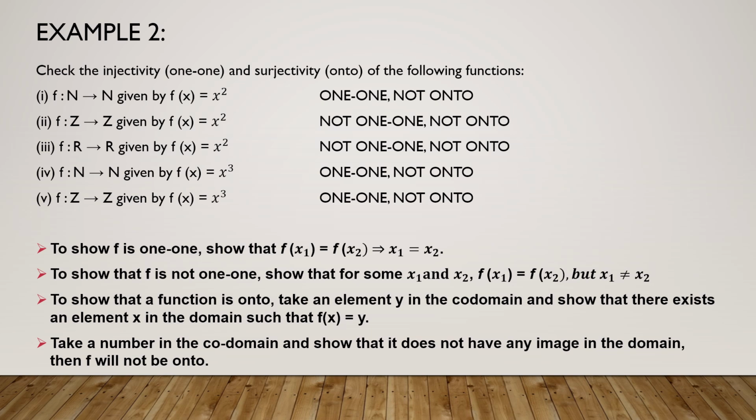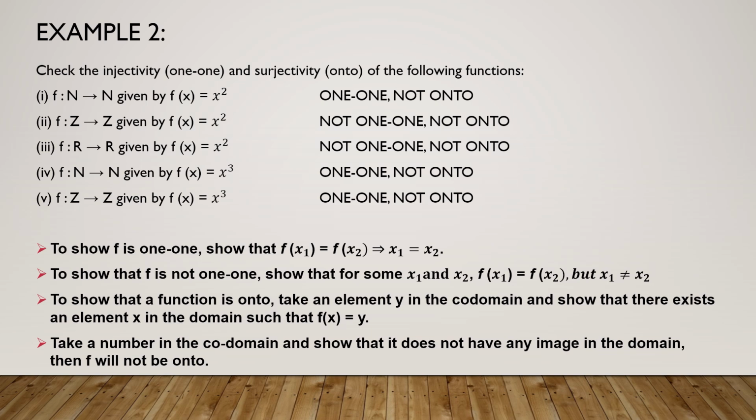Second function, same function, but now it is from the set of integers to the set of integers. That means positive numbers, negative and 0. So now this function is not 1-1. Why? Because here I can have f of 2 as 4 and f of minus 2 will also be equal to 4.